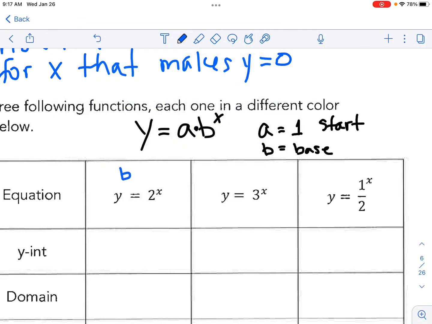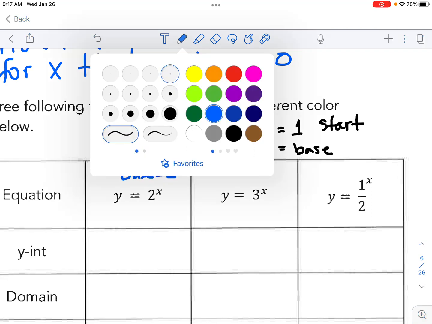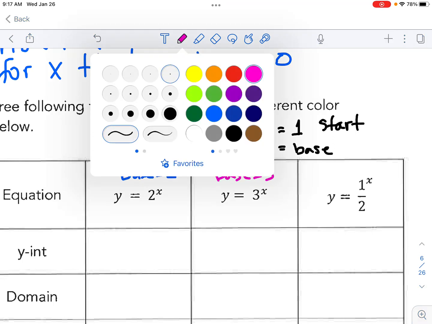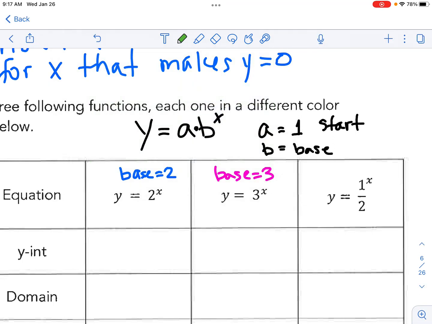For this first graph, we have a base equal to 2, and this base is equal to 3, and this base is equal to a half.